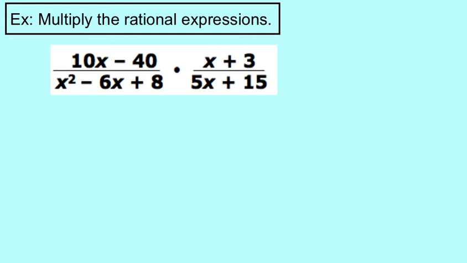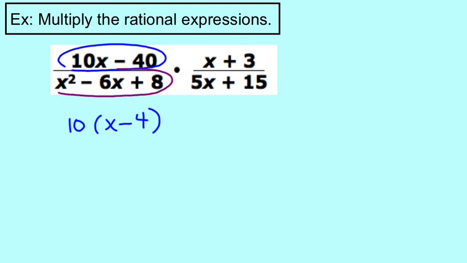My next example is factoring. So I'm going to factor this 10 out, and I'm left with x minus 4, taking out the greatest common factor. The next one, I'm going to factor the trinomial using the t-chart method.